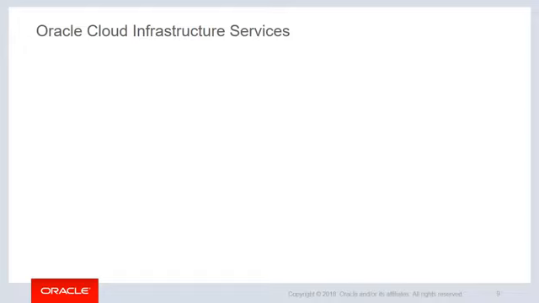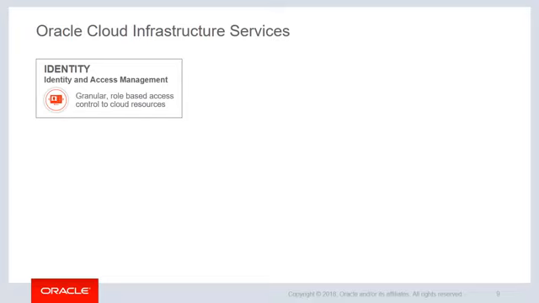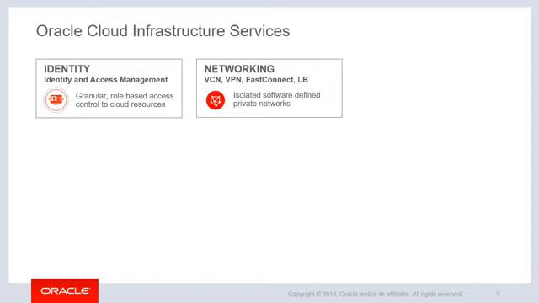So starting with identity and access management, we have a service around IAM which gives you granular role-based access control to cloud resources. We have a whole class of networking services which are basically isolated software defined private networks with different kinds of routing mechanisms, different kinds of firewall mechanisms, things like load balancers, DNS, and all the networking capabilities.